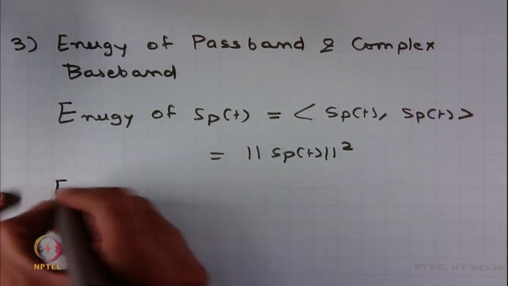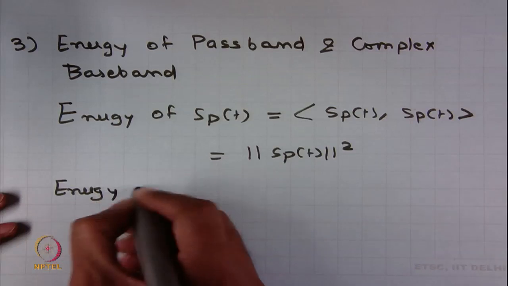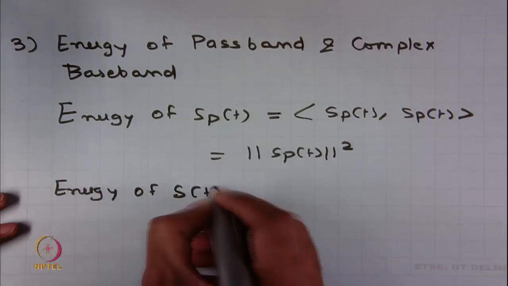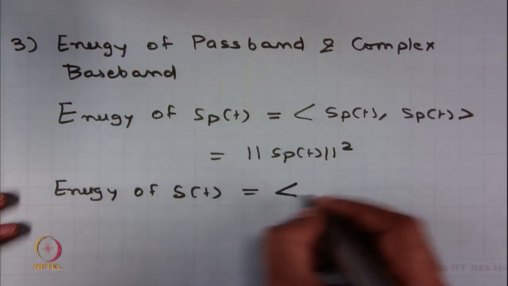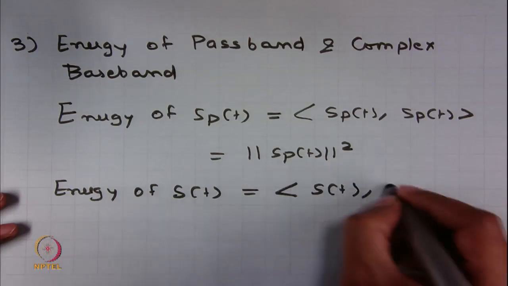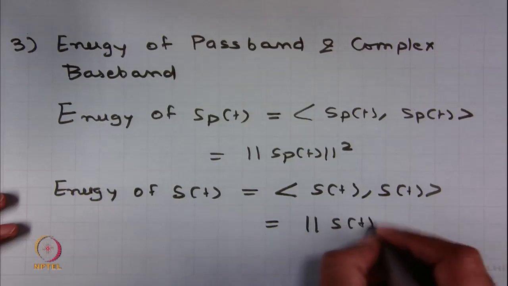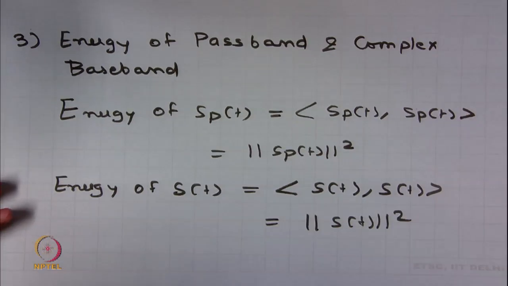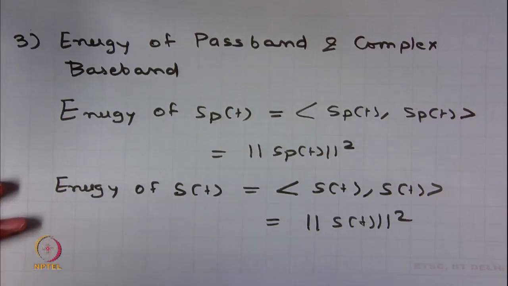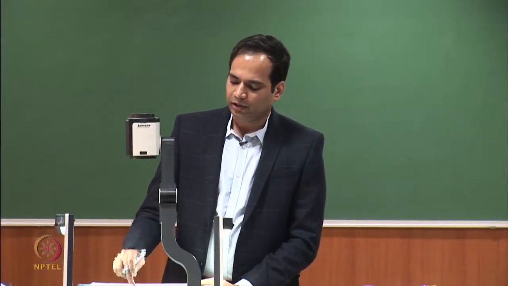What is the energy of s(t)? It is again the inner product of s(t) with s(t), and this is nothing but again the norm of s(t) squared. Very simple, straightforward. Now, the question is, what is the relationship between this quantity and this quantity? Can we relate it?